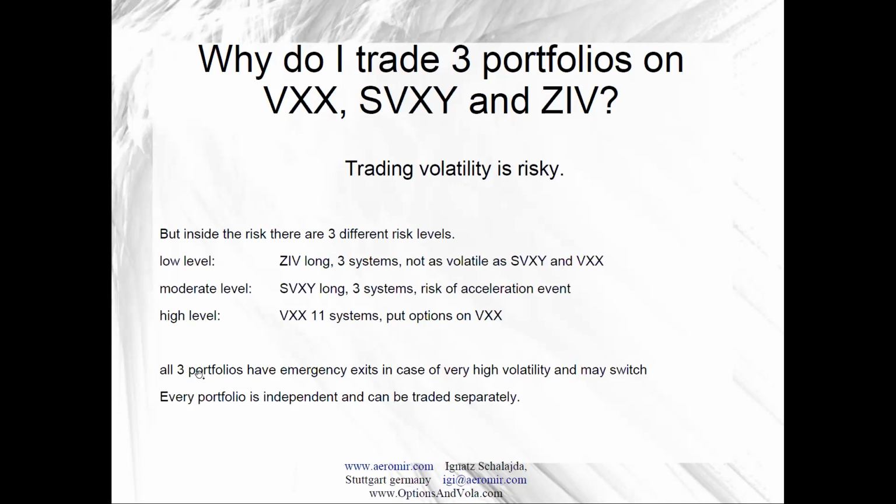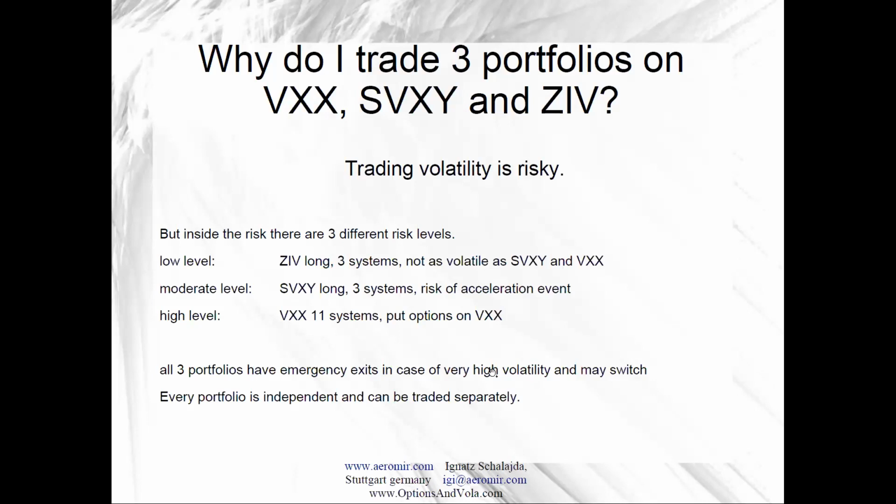But all 3 portfolios have emergency exits in case of very high volatility, not just high volatility, but very high volatility. Why very high volatility? There are often, like in front of some elections, times when the volatility is high, but not going as high as events like the 5th of February this year, or the last volatility eruption some weeks ago.